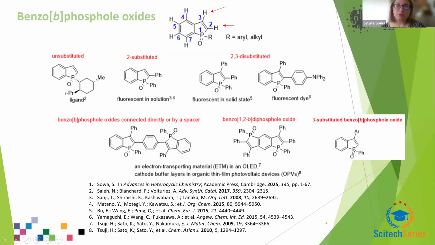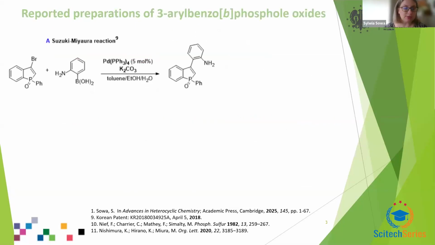Among them, 3-substituted benzophosphole oxides are the most recently discovered members of the benzophosphole family. It was not until 2018 that the first patent for 3-aryl benzophosphole oxide synthesis was filed. 3-ortho-phenyl benzophosphole oxide was obtained through Suzuki-Miyaura reaction using 3-bromo benzophosphole oxide.